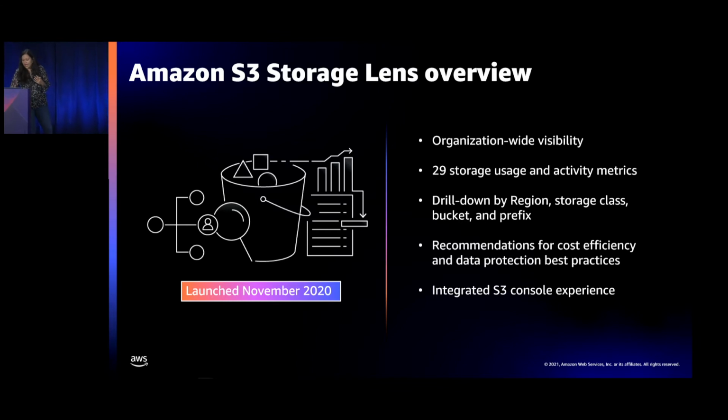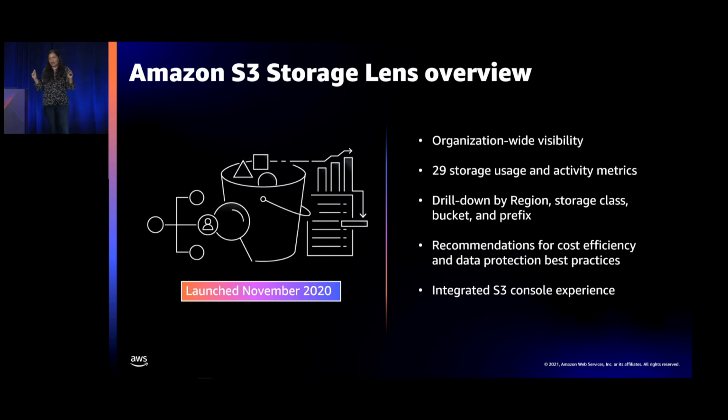We also think that Lens is a highly visual, interactive dashboard, which is available in the S3 management console. And for ease of use, all customers have a default dashboard enabled for them. If you are like many customers, this might be the only dashboard that you need. But if you want, you can make changes. For example, you could configure the dashboard to export the data daily to an S3 bucket for analysis with another tool like QuickSight, Athena, Redshift, or you could upgrade to advanced metrics if you'd like.